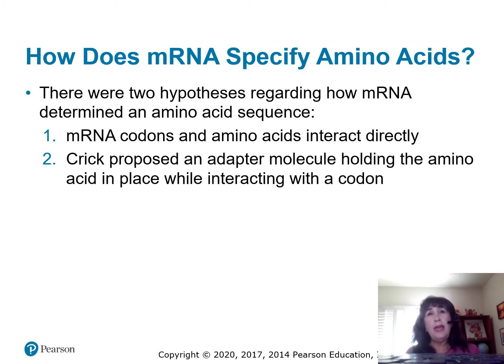Here they came up with this hypothesis. Is it messenger RNA and voila, all of a sudden you have amino acids and then the formation of a protein, or is something else happening?